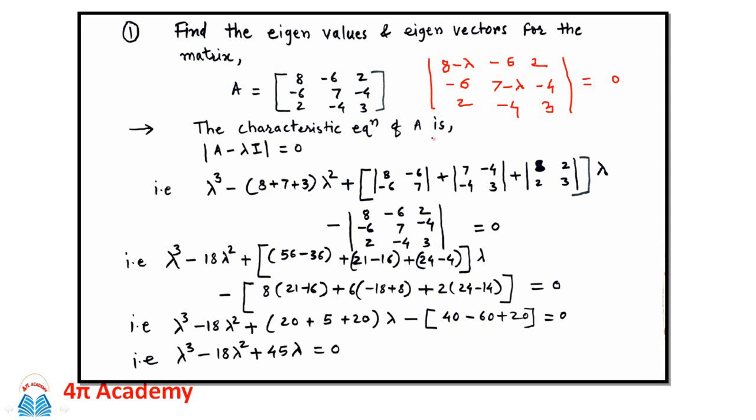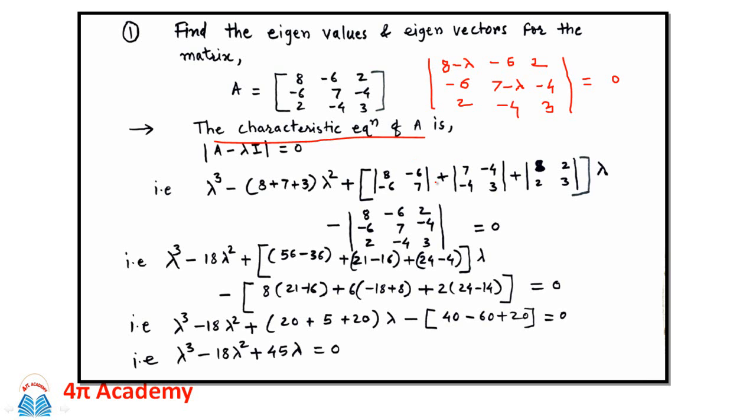If you forget a sign, then the whole characteristic equation becomes wrong, and the whole problem will be wrong.